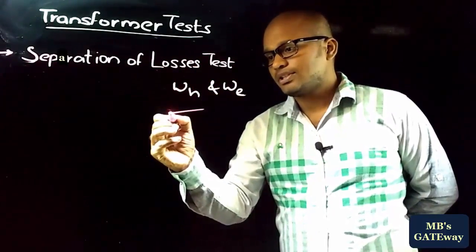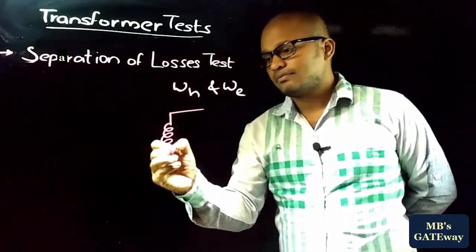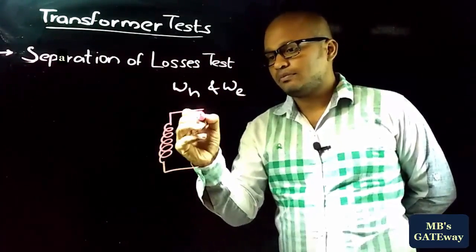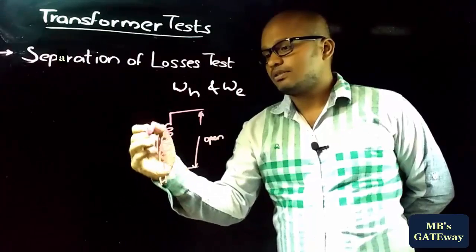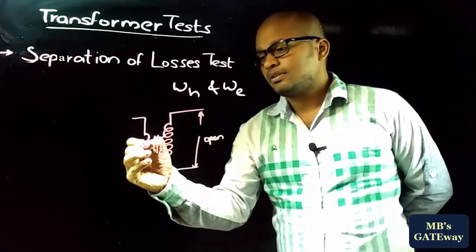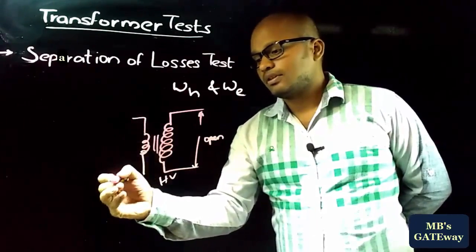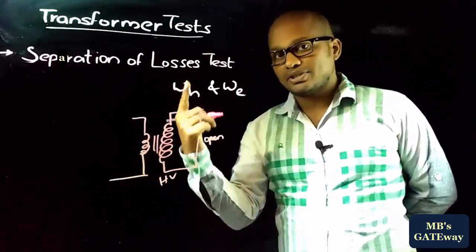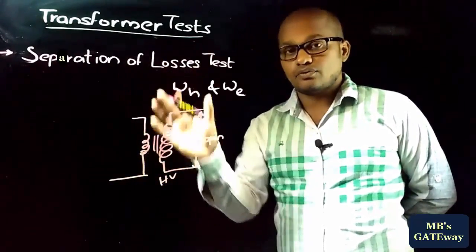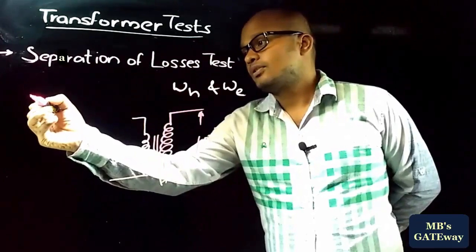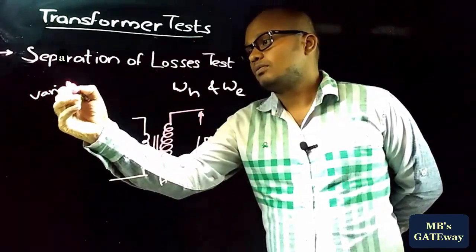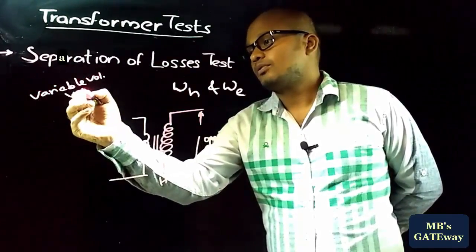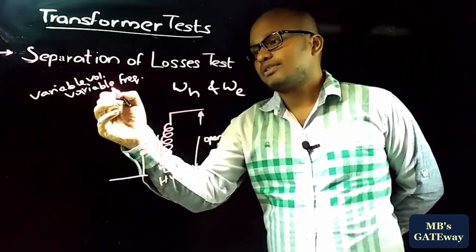In the open circuit test, the HV side is left open and on the LV side rated voltage is applied. But in the separation of losses test, the source used is a variable voltage, variable frequency source.